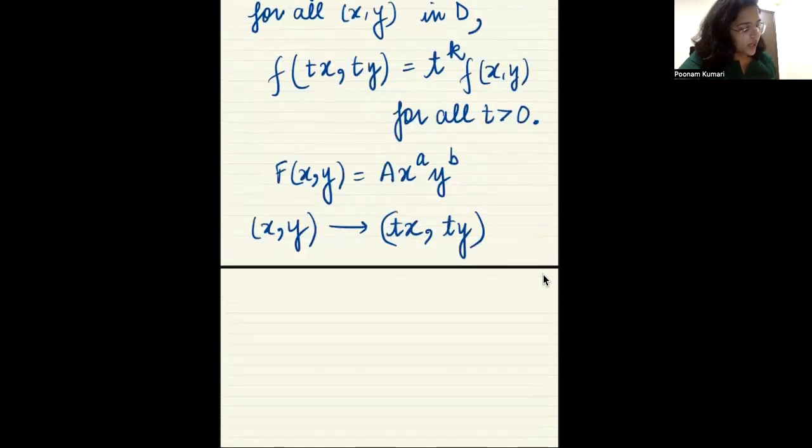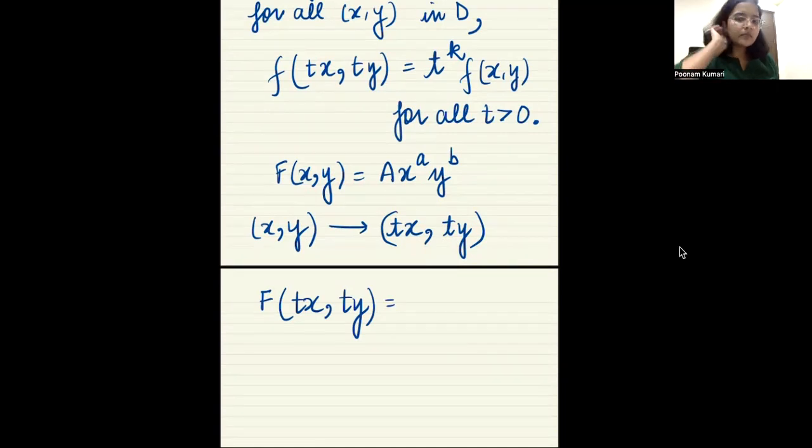Okay. So now if I put tx and ty in place of x and y, let's see what form my function takes. So I have to find f of tx comma ty. So what will this be? Tell me. a times tx raised to the power a, right?